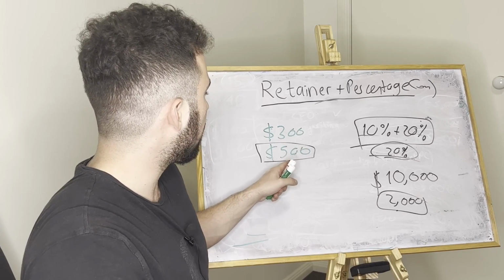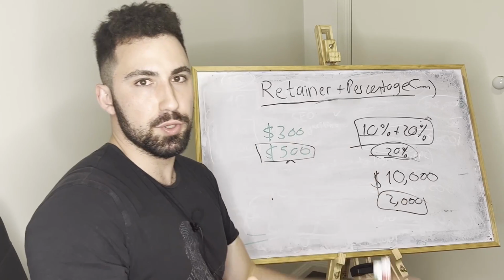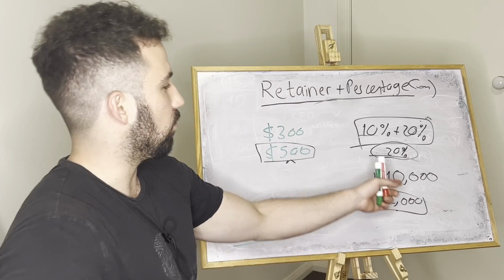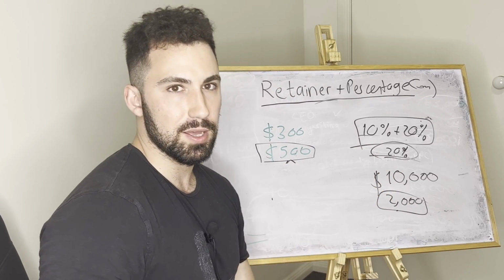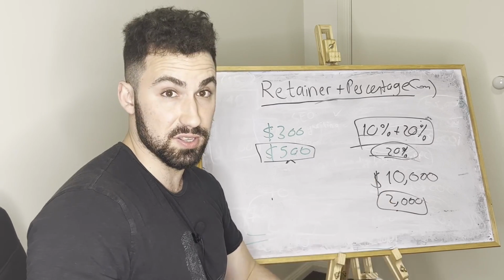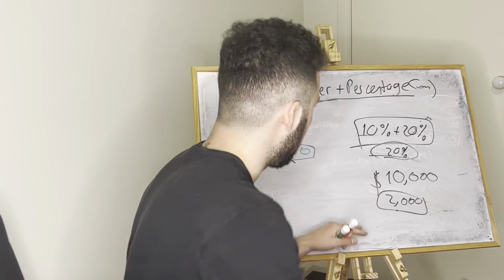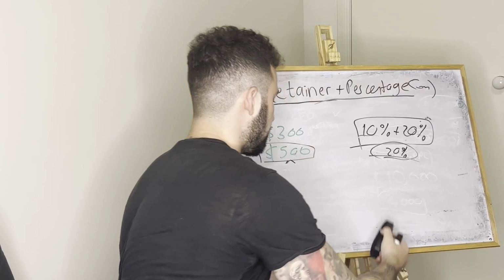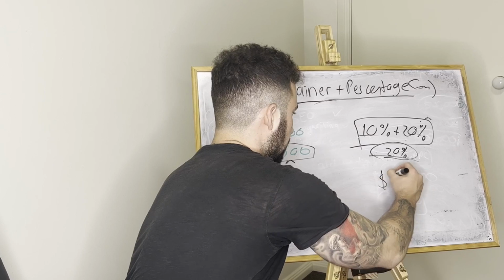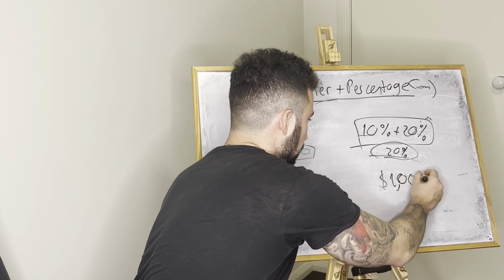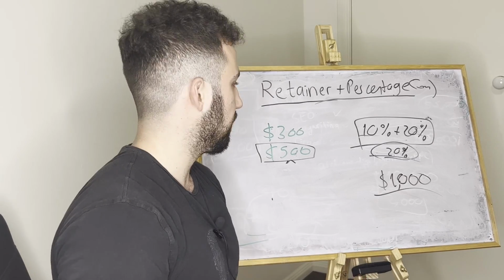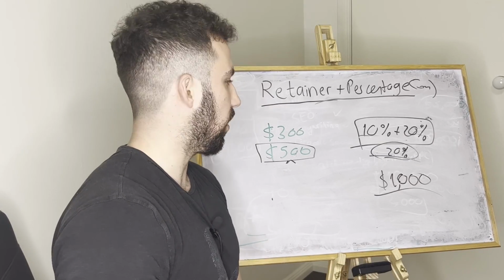As I said, 300, 500, the minimum you should ask for a retainer. But let's say they're not spending that much, and once you first start approaching people, they're probably gonna have lower budgets than $10,000. If you have a $10,000 spending client, bingo, right? That's pretty good. But let's say they're spending $1,000. Pretty modest amount. It's not too much, it's not too little. It's little in terms of overall market size, but it's okay for a business to spend $1,000.